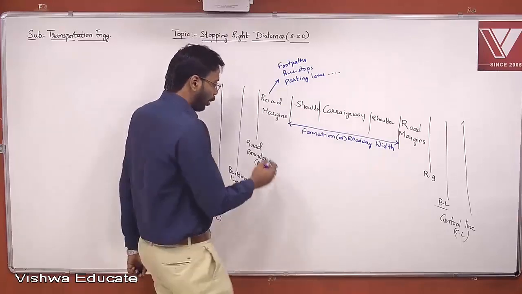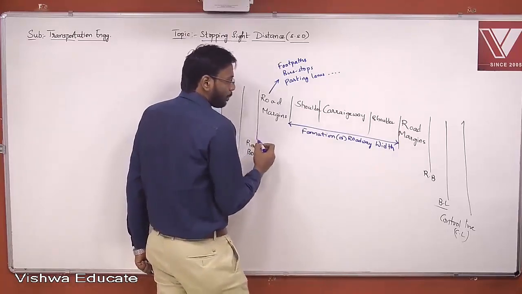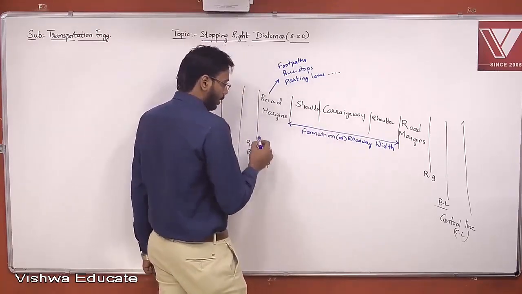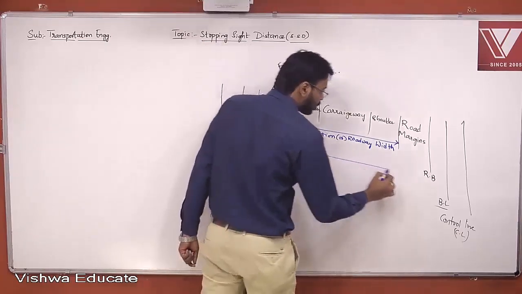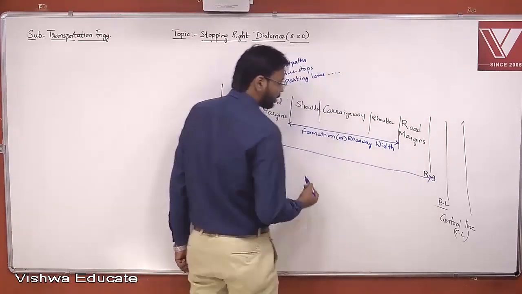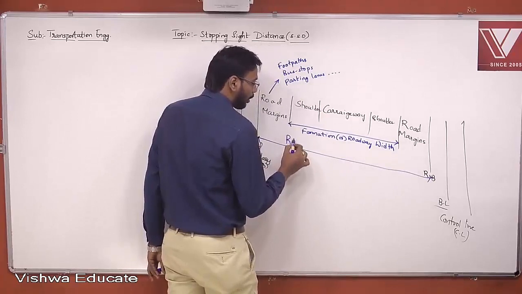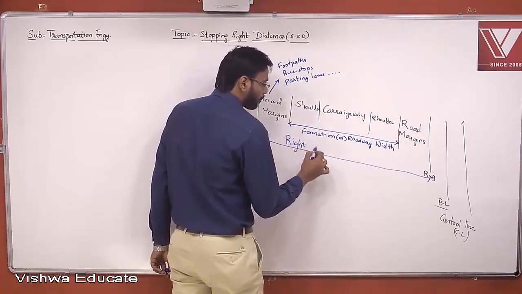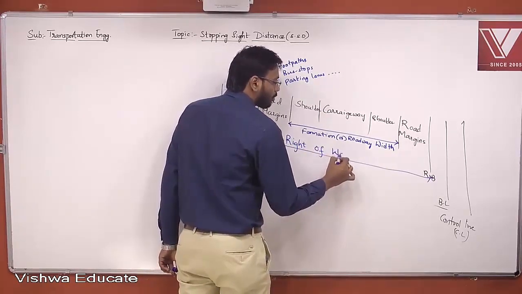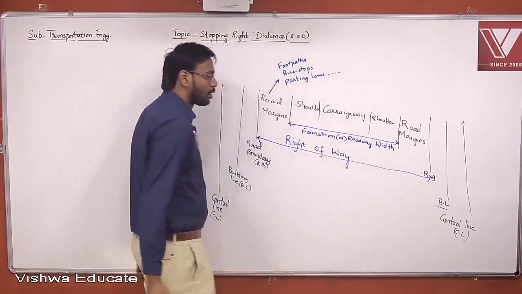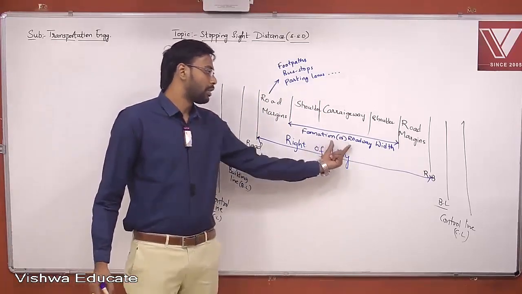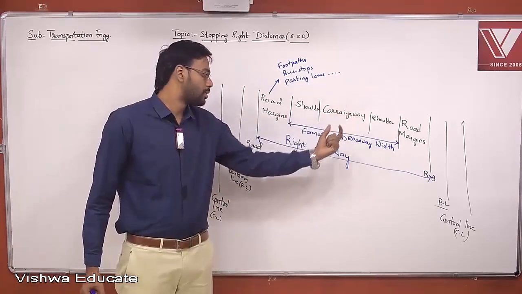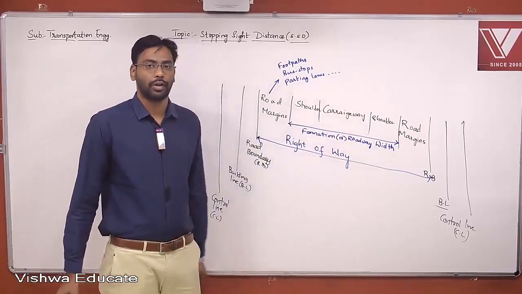Now, road margins plus formation width, that is the distance between two road boundary lines, is called right of way. So formation width plus road margins is called right of way.